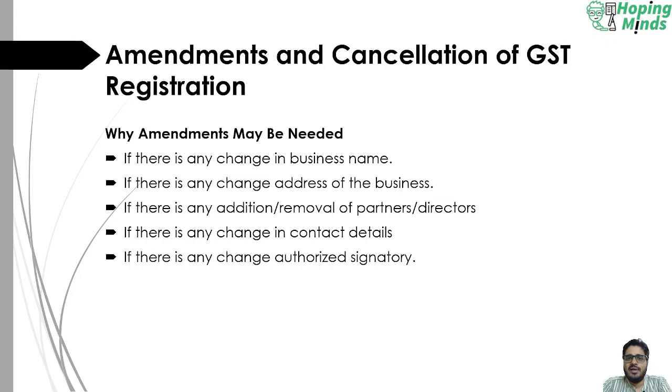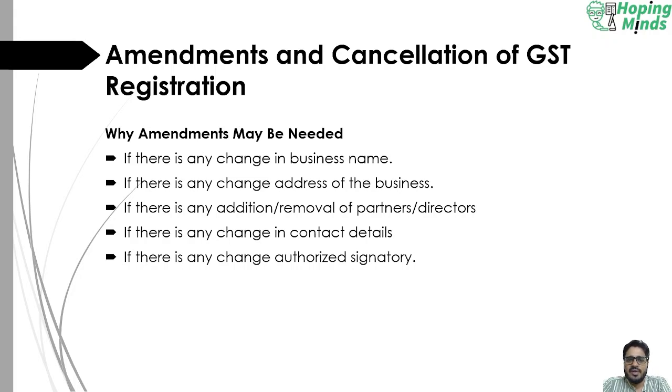For example, if a warehousing company takes on lease warehouses and further uses them for its business purpose, any increase in the number of warehouses must be intimated to the GST department, and the warehouse added every time must be added as an additional place of business in the existing registration.